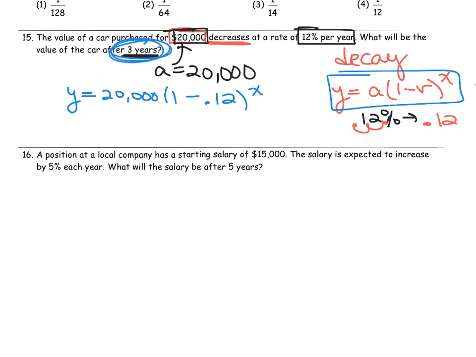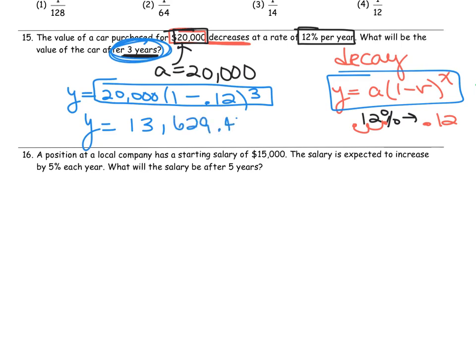It's after 3 years. So I'm going to plug that in for x. I want you guys to type that into your calculator, straight into your home screen, and tell me what you get. What do you get for y? Good. You should get 13,629.44. We round to the nearest cent.